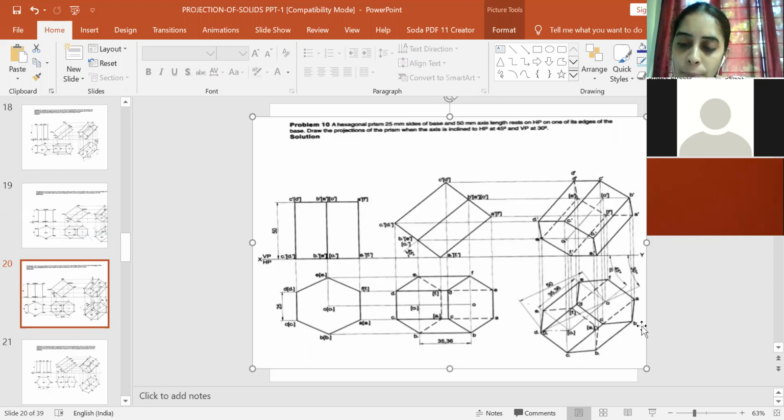Once you draw the perpendicular line, you can measure this distance O to F, how much it is, and you just cut an arc. And similarly from O to B, how much it is, you can just cut an arc. Okay, so then you will get these two corners. After you get these two corners, you can join here from E1 to E, from B1 to B.